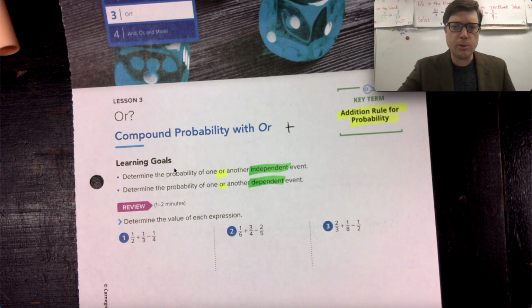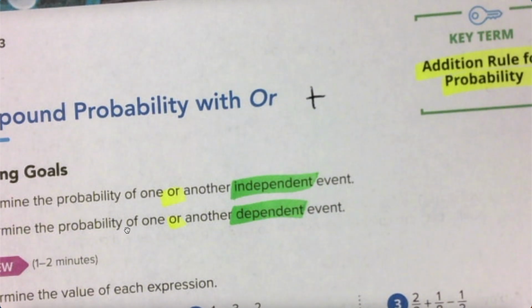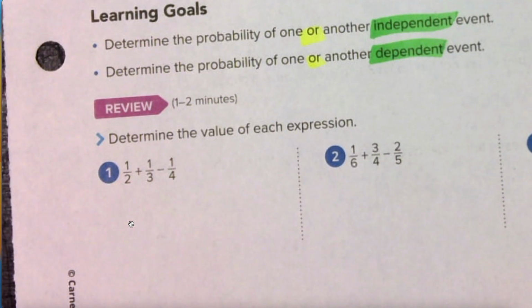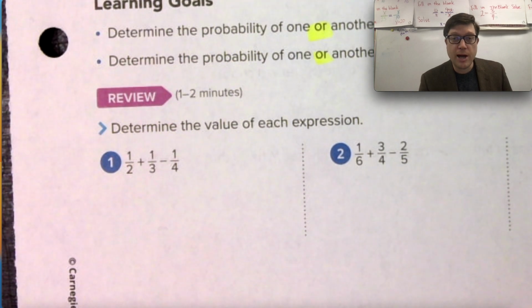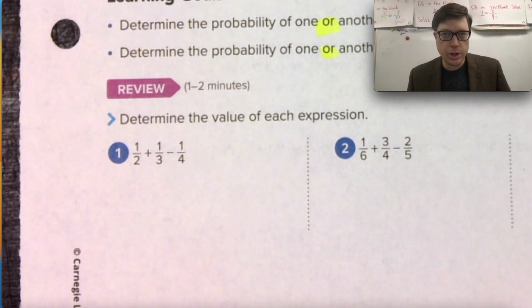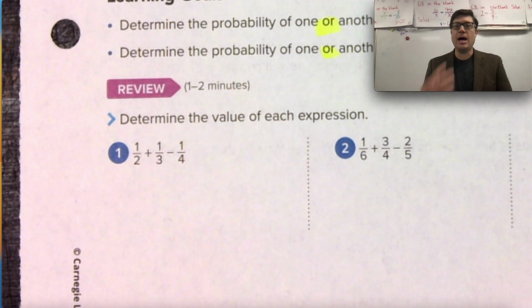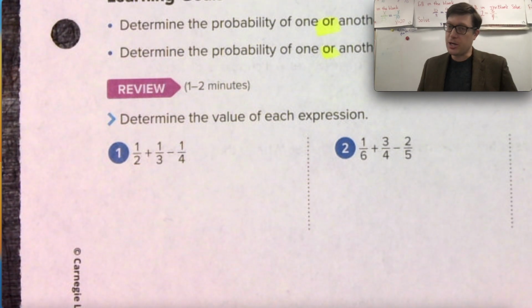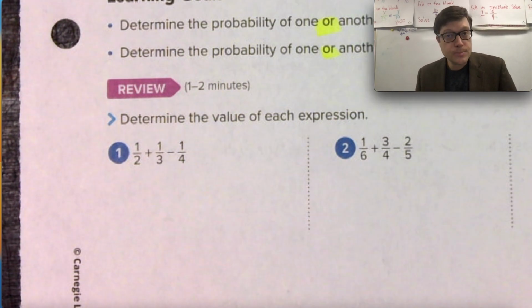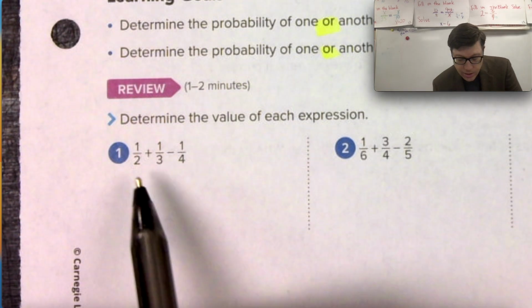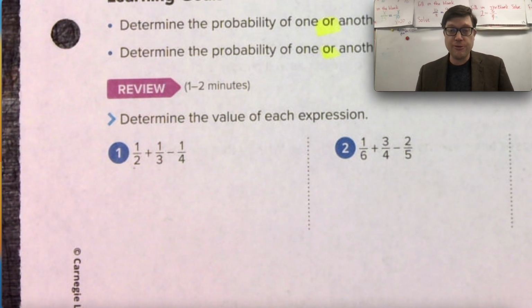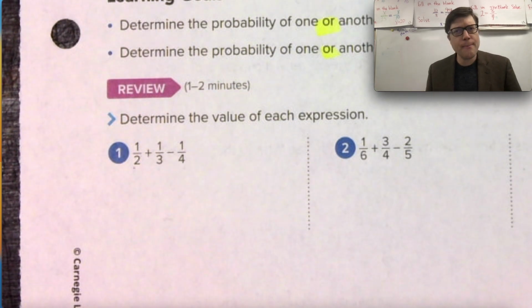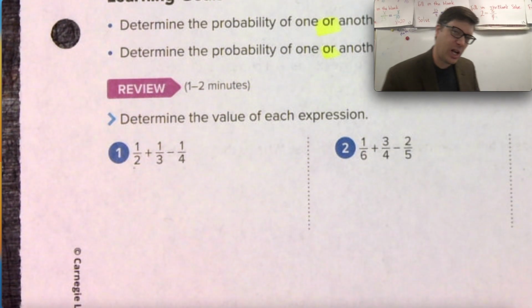Let me zoom in on number one. Okay, we'll call that good for now. Number one is the fraction 1/2 plus 1/3 minus 1/4. To add or subtract fractions, you have to have common denominators. In these three fractions, the denominators are 2, 3, and 4. I'm going to make a list on the side.